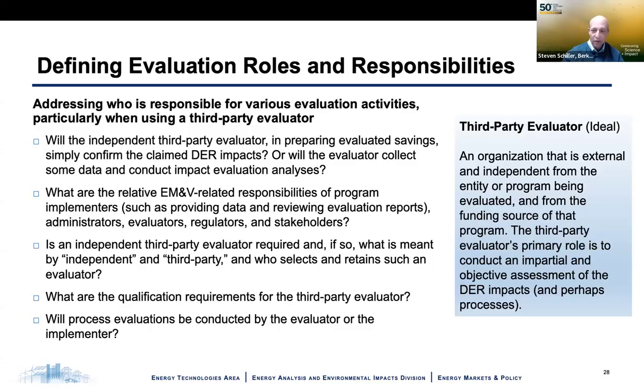That third party evaluator is an external body whose primary role is to conduct the evaluation in an impartial and objective manner, at a minimum not having any financial connection to the outcome. That's primarily an issue for the impact evaluations.